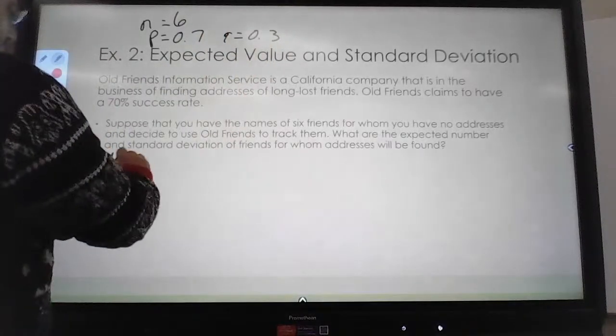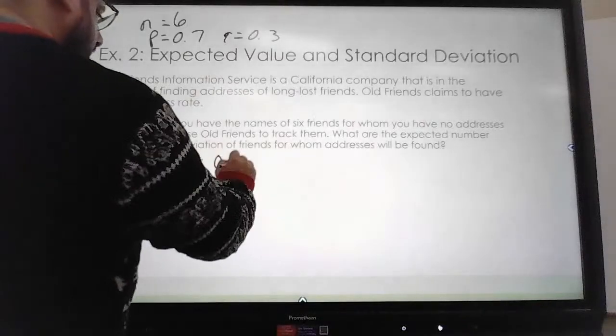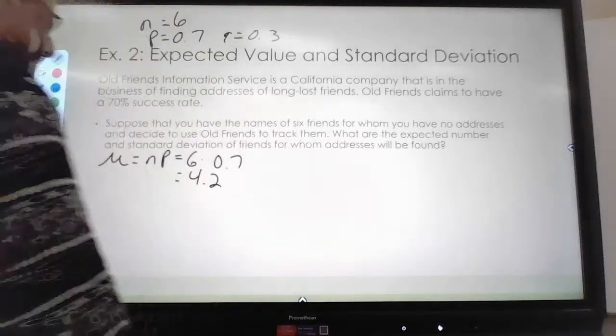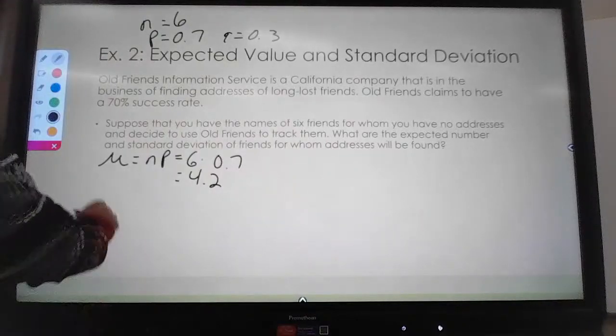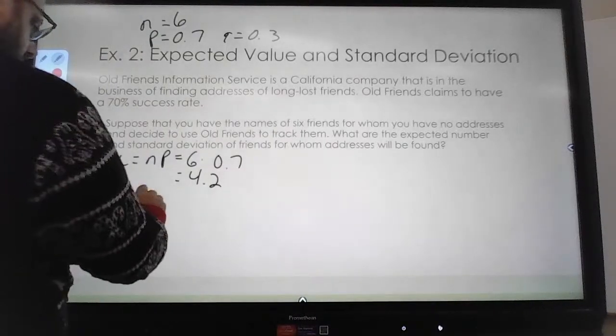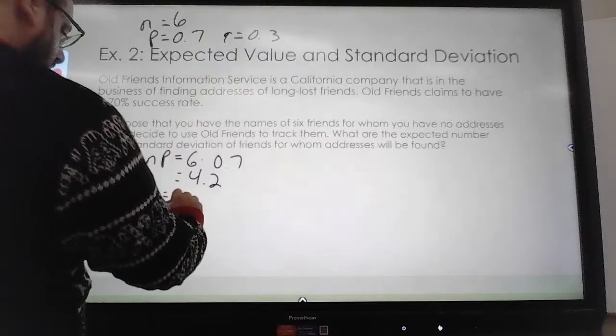So our expected value is np, which is 6 times 0.7, which gives me a value of 4.2. My variance is npq, and we've already found np. That's the average.